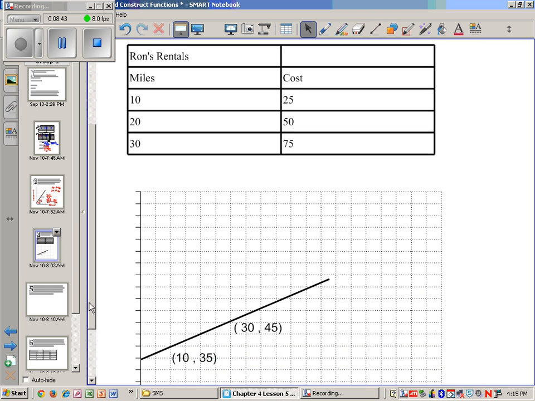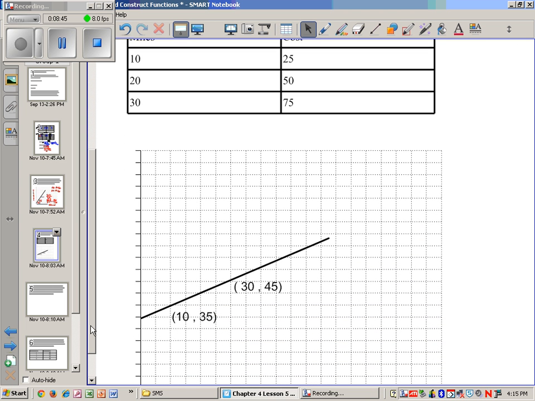So we have Ron's Rentals, and then our graph, we can tag that as Crosstown Movers. That didn't get labeled on the sheet. This is Crosstown Movers. Now we just need to see whose price is cheaper for what we're looking for.